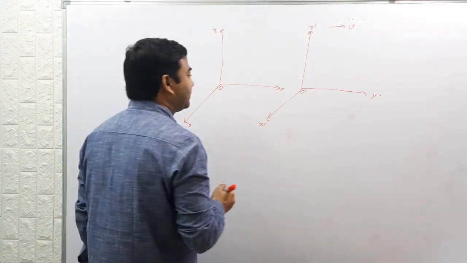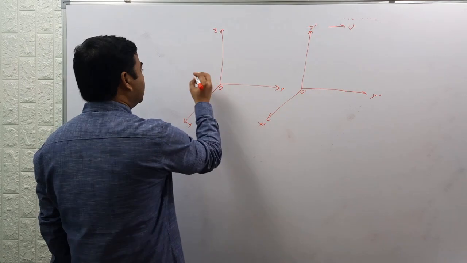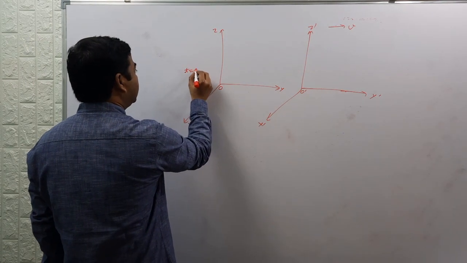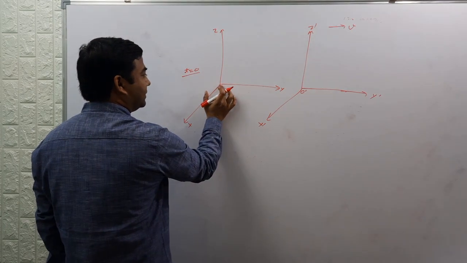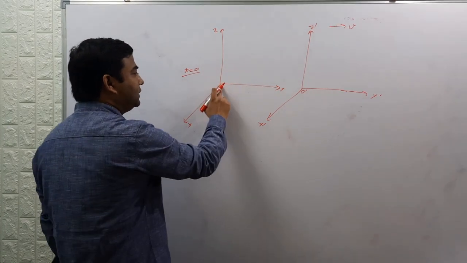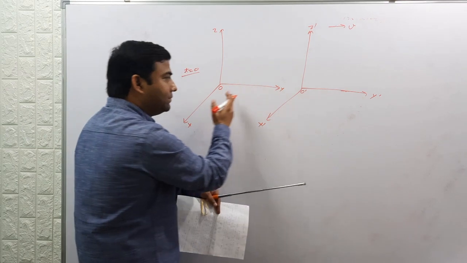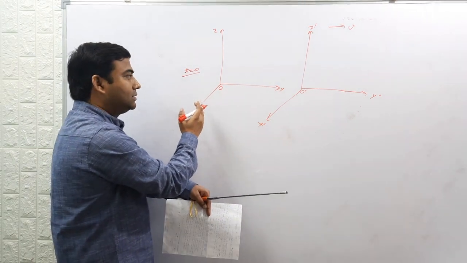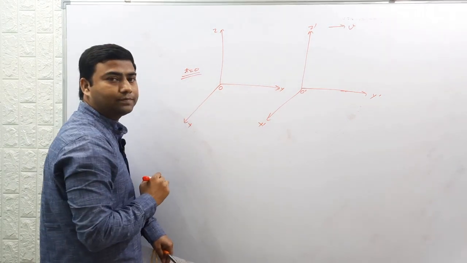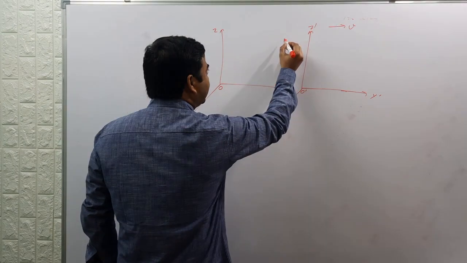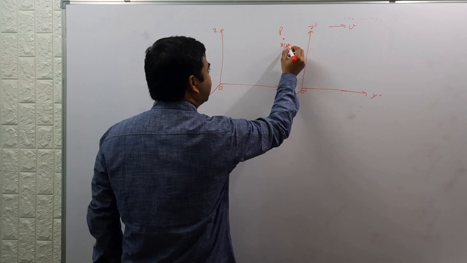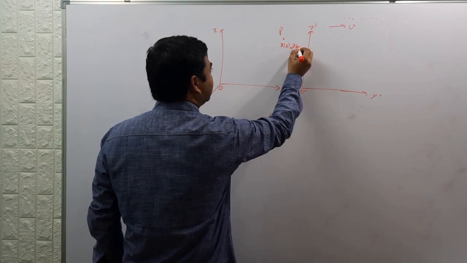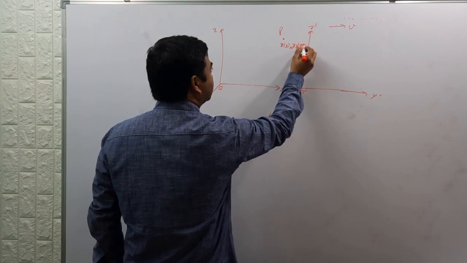So let at time t equal to 0, this O dash was overlapping with O. Both reference frames were at the same position at t equal to 0. And there is a point P having its coordinates x(t), y(t), z(t).